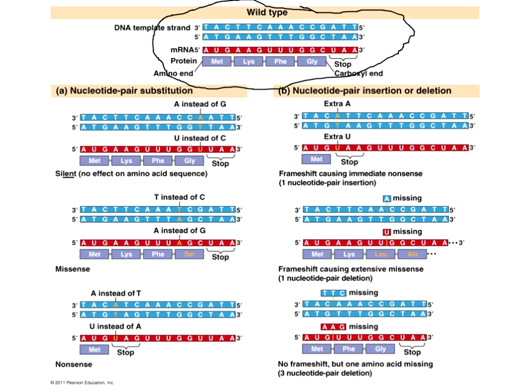So this is a silent one, because of the substitution right here, where instead of the C we get an A. It should normally have been a G, but instead an A was replicated for some reason and put in there.